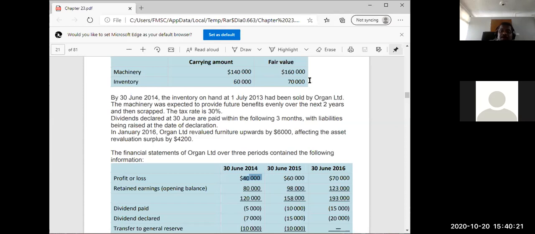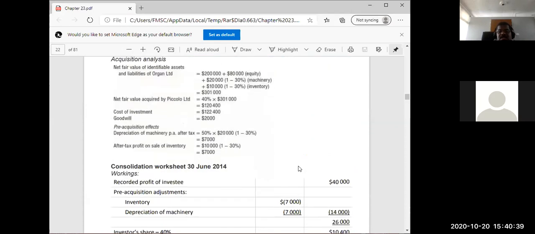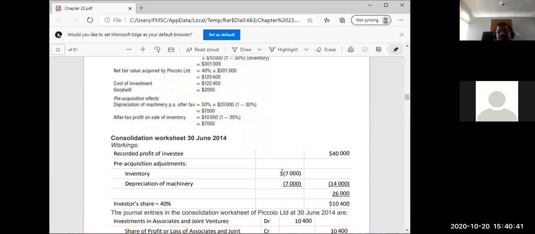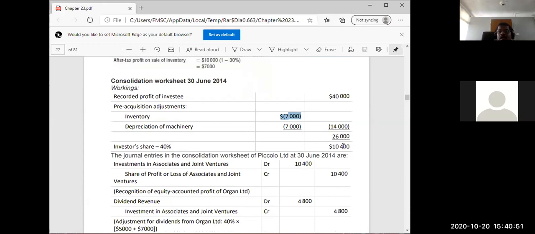But since we use the equity method, we only take the investor's portion. The difference between 60,000 and 70,000 is 10,000. From 10,000, you take only the net of tax 40%. So that's why here we take 7,000 and deduct it. That's why we are deducting the adjustment for the opening stock here. Is it clear? Right.